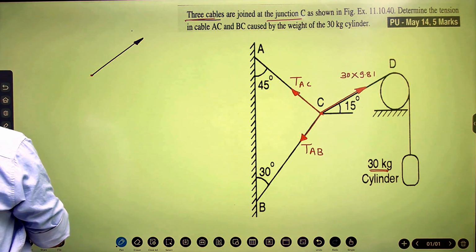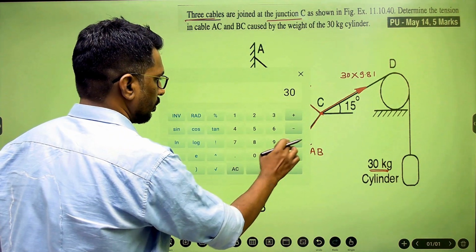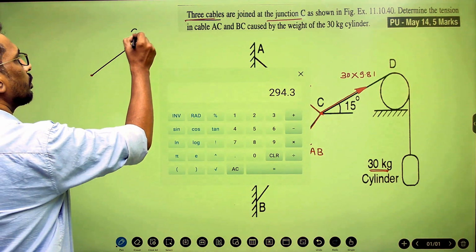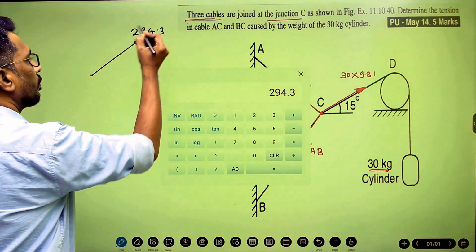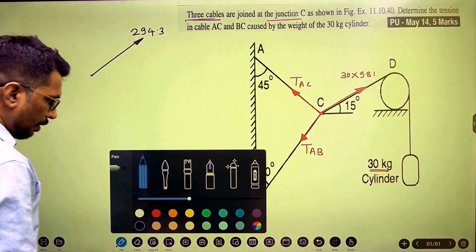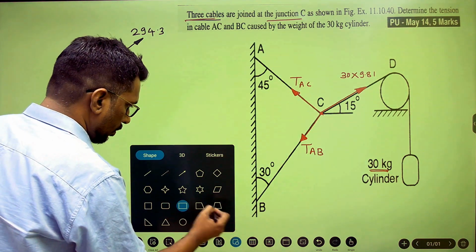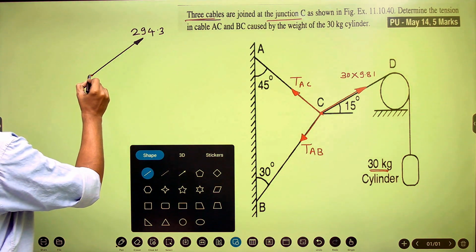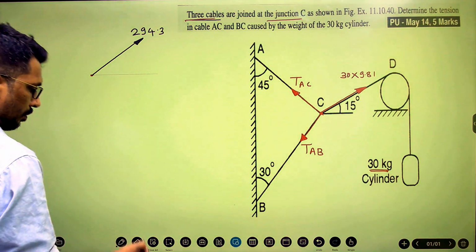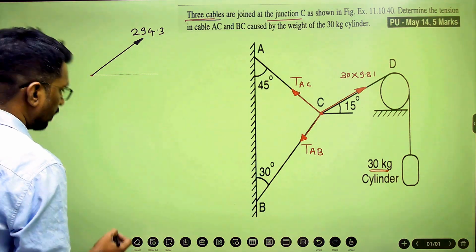So the value comes out to be 294.3. And this force is making an angle of 15 degrees with the horizontal.